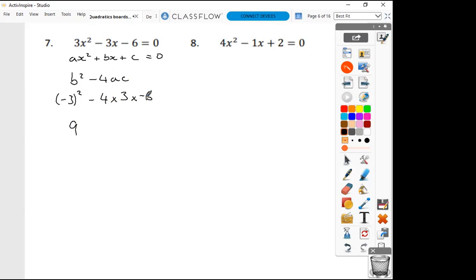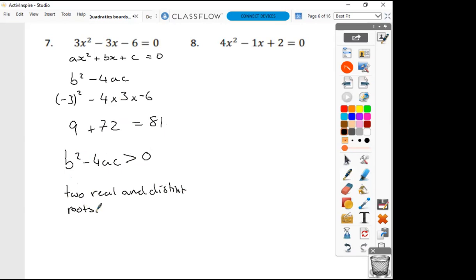Minus 4 multiplied by minus 6 is 24, multiplied by 3 is positive 72. So that gives us 81, which is obviously greater than 0. Therefore, there are two real and distinct roots.